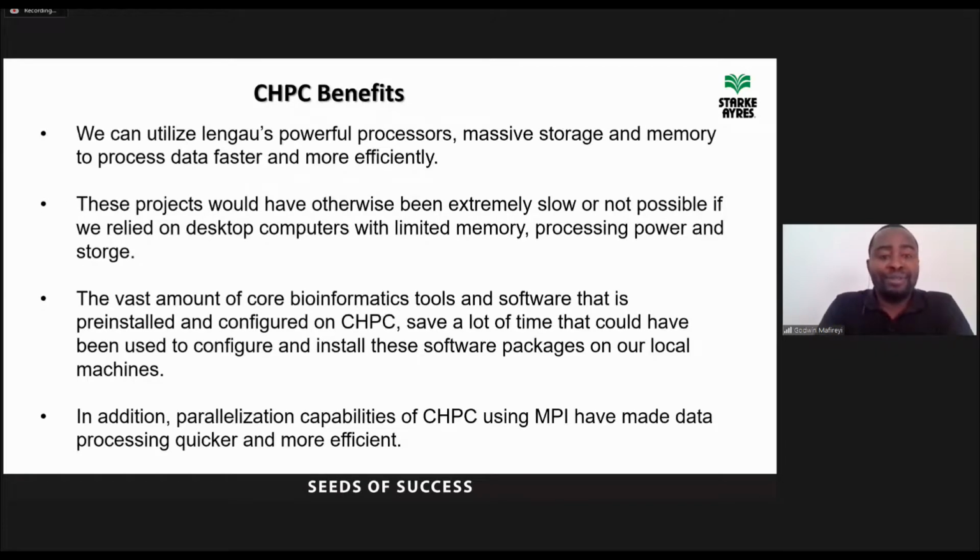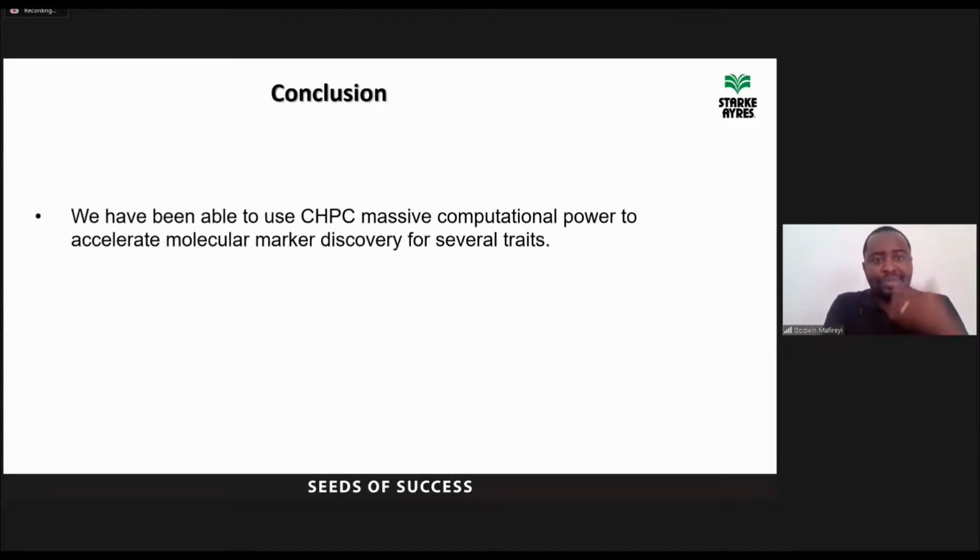So my talk is not going to be too long. To conclude, we started using the CHPC at the beginning of this year, and this has actually accelerated our marker development pipelines, and we moved most of our workloads there.